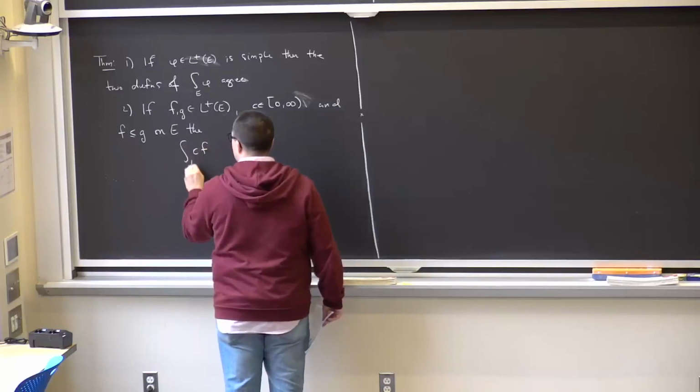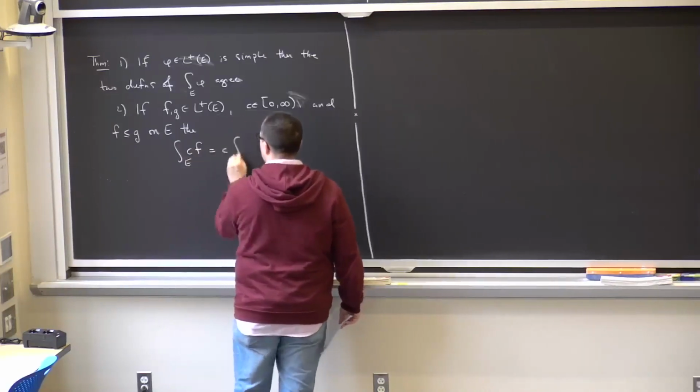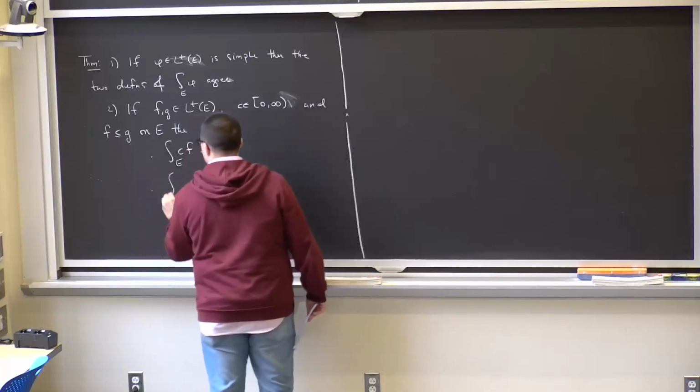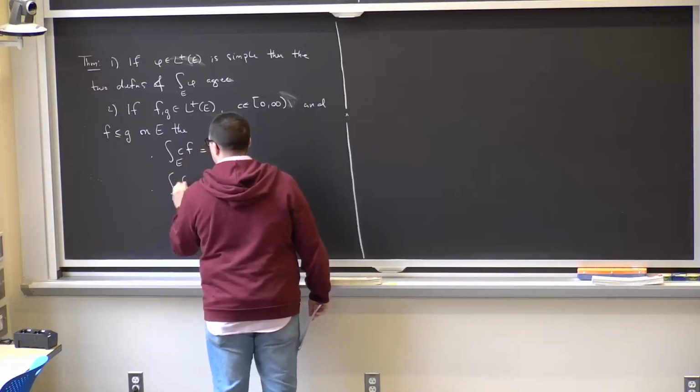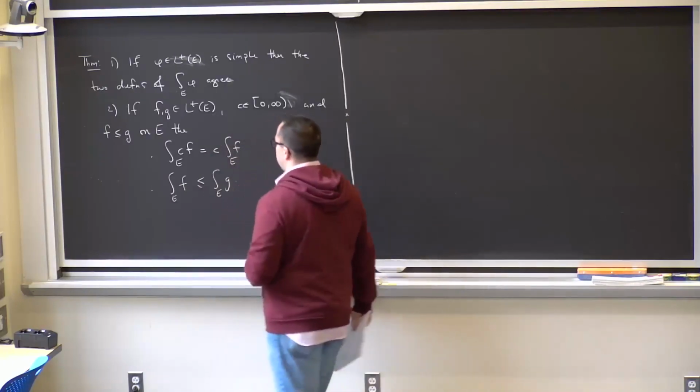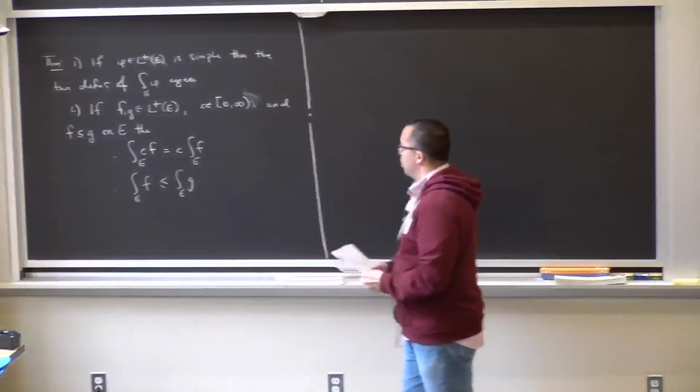The integral of c times f is equal to c times the integral of f, and the integral over E of f is less than or equal to the integral of g over E.